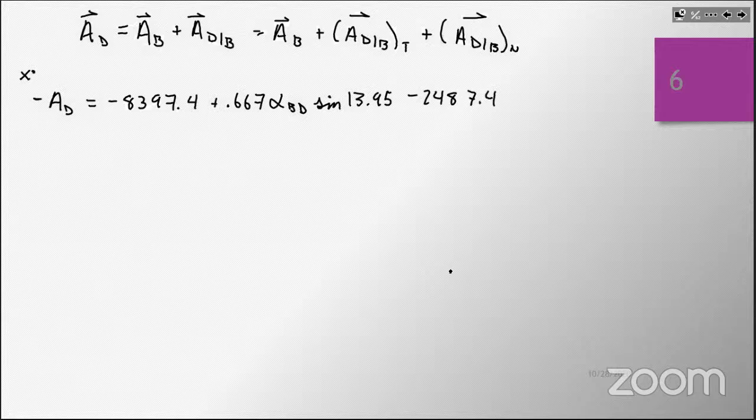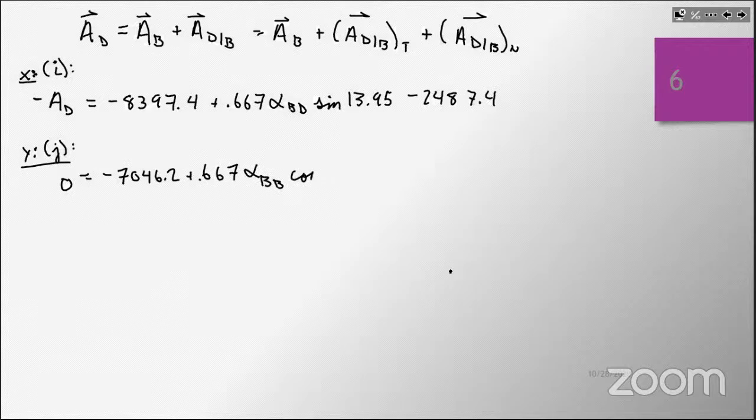This is my x direction equation, or my i. Here's my y, or j direction equation. I have no acceleration at point D here, and I just put all my j direction components. Should be alpha BD.